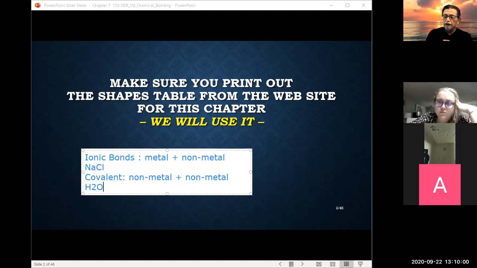Something that's covalent, let's say carbon dioxide. Carbon dioxide is another example of covalent. If I put carbon dioxide, CO2, in pure 100% water and measure its conductivity, guess what? It will not conduct electricity, okay?